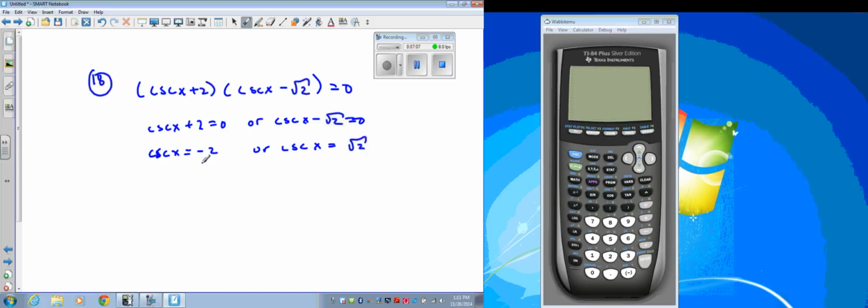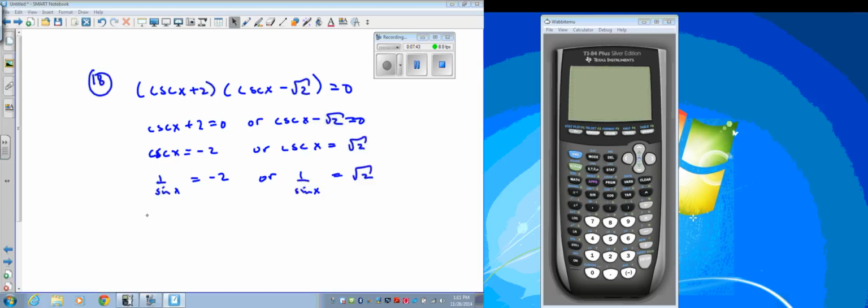Now, cosecant is what? 1 over sine? Just to help us try to figure out maybe where it's at. Well, 1 over sine. So this would be where the sine x equals what?